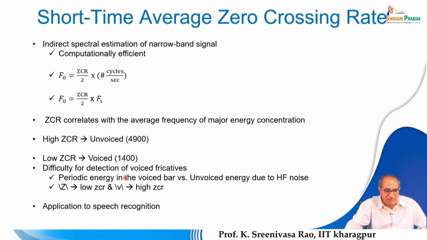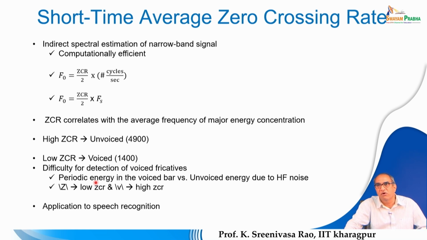But when computing ZCR, depending on the sound unit, sometimes even though the speech sound consists of voiced parts, because of the dominance of the unvoiced part, you observe a higher ZCR.